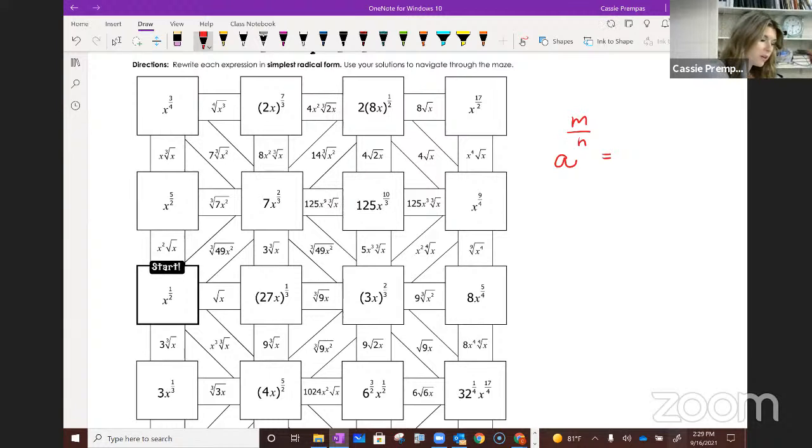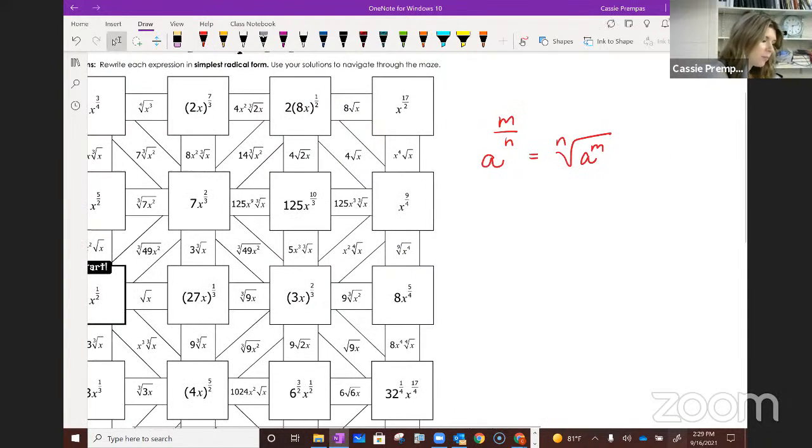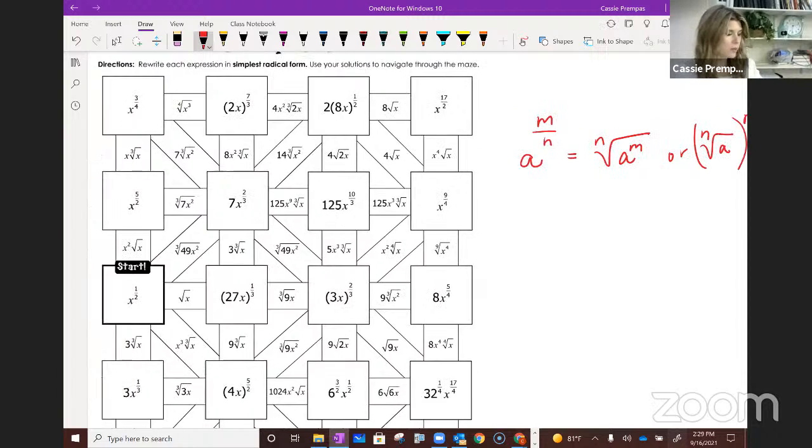If you're simplifying a radical, it's easiest when you put the m underneath and then simplify. If you're working with a number, sometimes it's easier to work with this format, the nth root of a, and then raise it to the m power. Those are rules that we learned at the beginning of this week, but they show up all over here. So let's see how we would work with this.